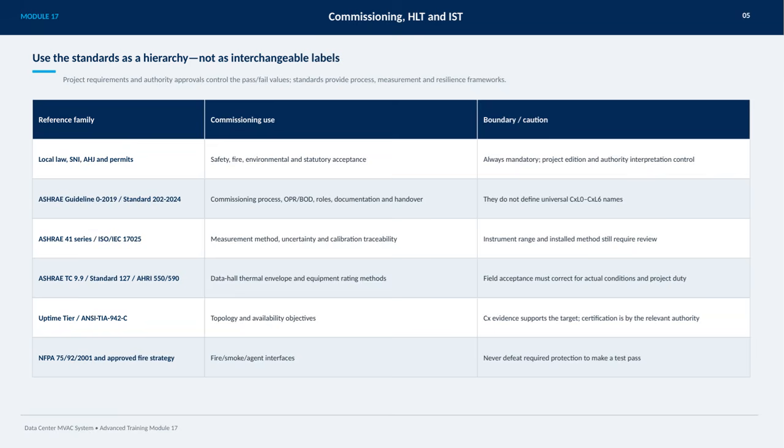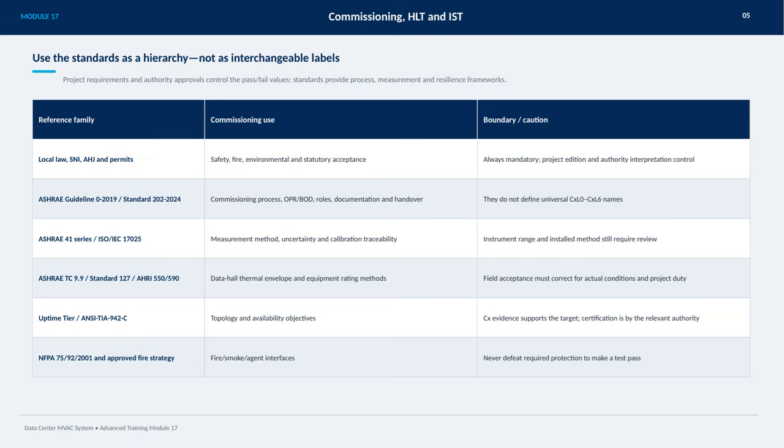Keep in mind that these requirements are always mandatory, but their interpretation can vary according to the project edition and authority involved. For the commissioning process itself, ASHRAE Guideline 0-2019 and Standard 202-2024 lay out the framework for roles, documentation, operational requirements, and handover procedures. It's important to note that these guidelines do not define universal commissioning level names, so consistency within your project team is key.